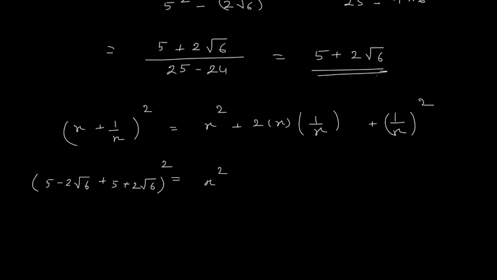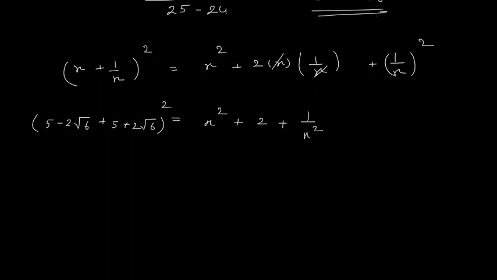On the right hand side it is x square plus, this x and this x will cancel, it is 2 plus 1 upon x square. Now here minus 2 root 6 plus 2 root 6 will cancel, 5 plus 5 is 10, so this is 10 square, and here it is x square plus 2 plus 1 upon x square.